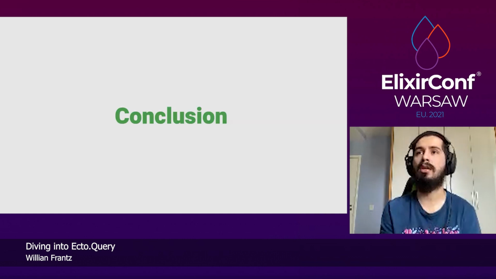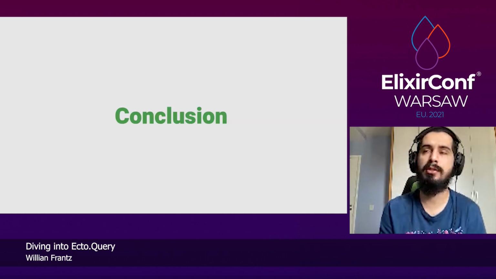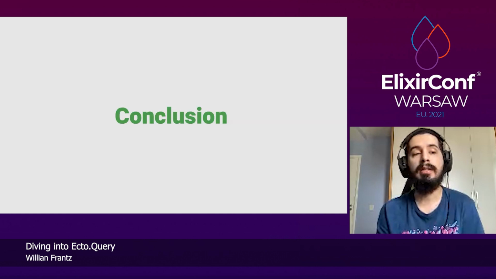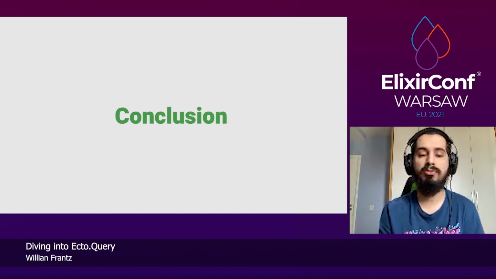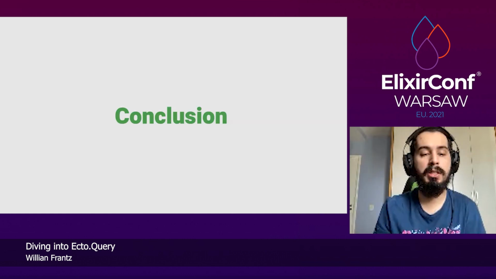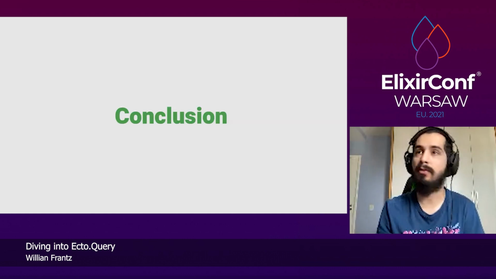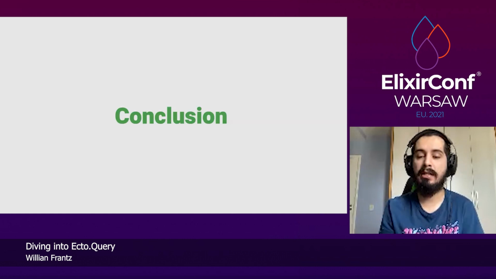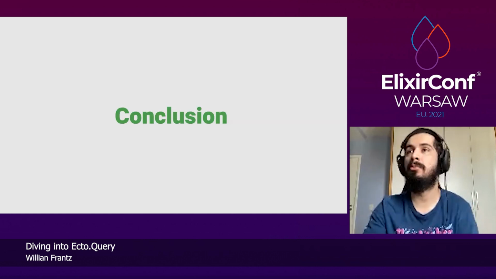We could just use Ecto.Query for pretty much everything. And yes, Ecto.Query is robust. It's good for building complex queries, composability, you have control. I guess that's it. That's the message I was trying to pass.